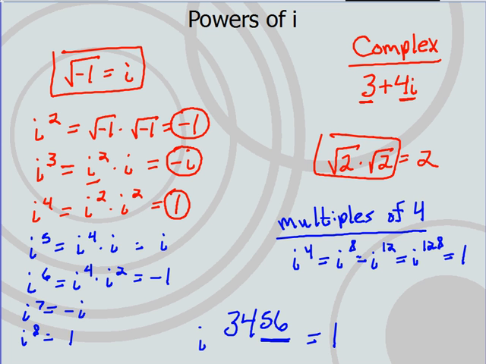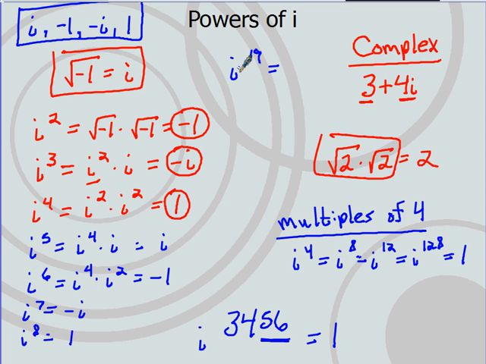So how do you do the rest of them? What if it's not a multiple of 4? What if I ask you to find i to the 19th power? What's the pattern? i, negative 1, negative i, positive 1. There's the pattern. Is 19 a multiple of 4?